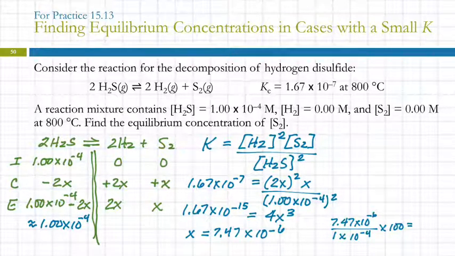And what do we get? Did you multiply by 100? Oh, no. Yeah. So 7%. Is 7% less than 5%? No.